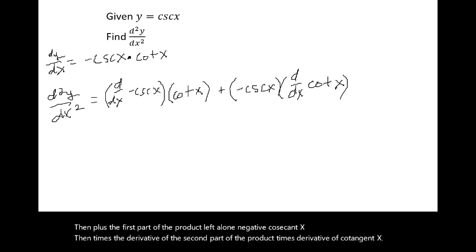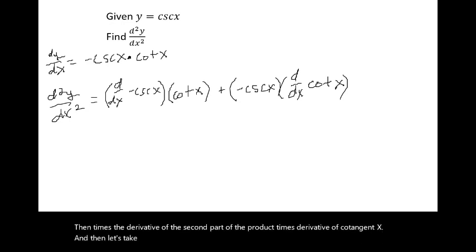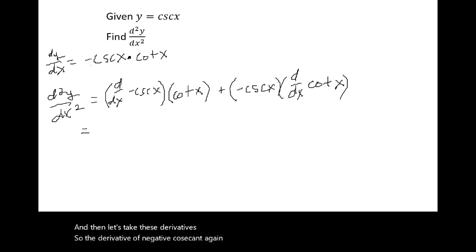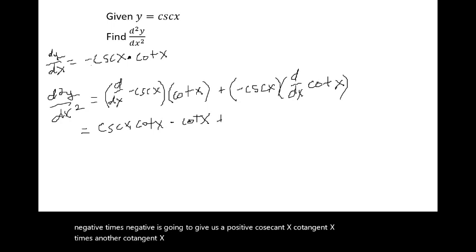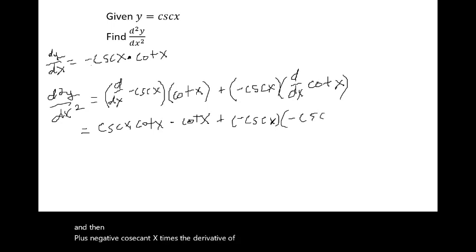And then let's take these derivatives. So the derivative of negative cosecant, again, the derivative of cosecant is already negative, so negative times negative is going to give us a positive cosecant x, cotangent x, times another cotangent x, and then plus negative cosecant x times the derivative of cotangent, which is negative cosecant squared x.